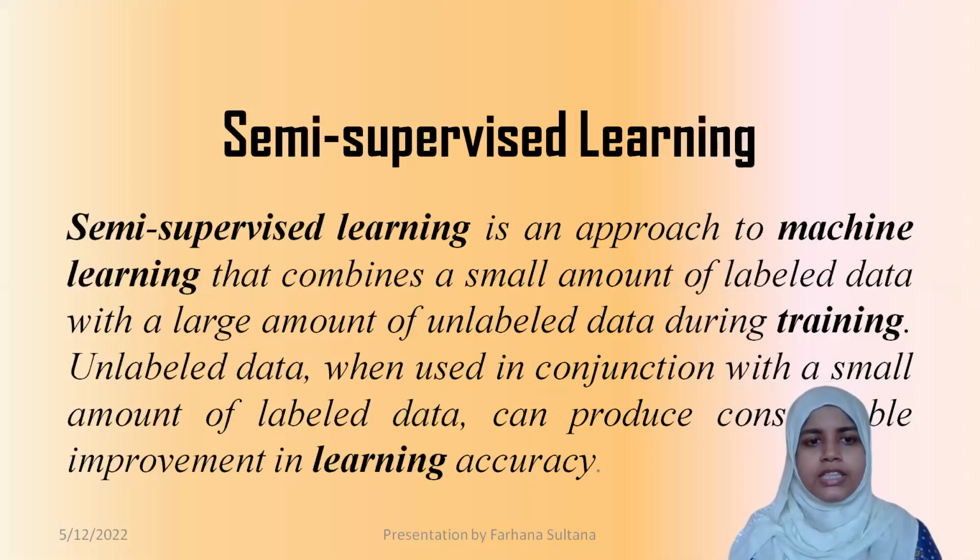Now, semi-supervised learning. Semi-supervised learning is an approach to machine learning that combines a small amount of labeled data with a large amount of unlabeled data. So it is a mixture of labeled and unlabeled data, and the unlabeled data is much more than the labeled data. Unlabeled data, when used in conjunction with a small amount of labeled data, can produce considerable improvement in learning accuracy.